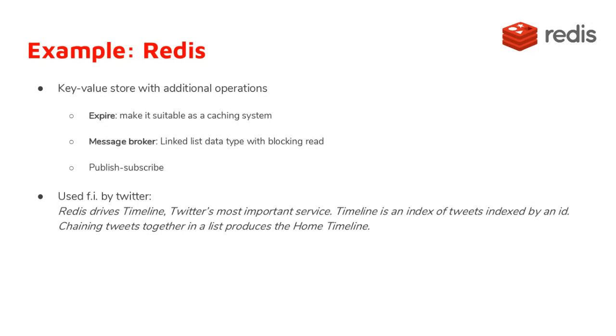That's an option. Another property is that it works like a message broker. That's like a linked list data type with blocking reads. What that means with the message broker and also with publish subscribe is, if you have millions of requests at the same time to read something, then Redis creates a kind of queue.